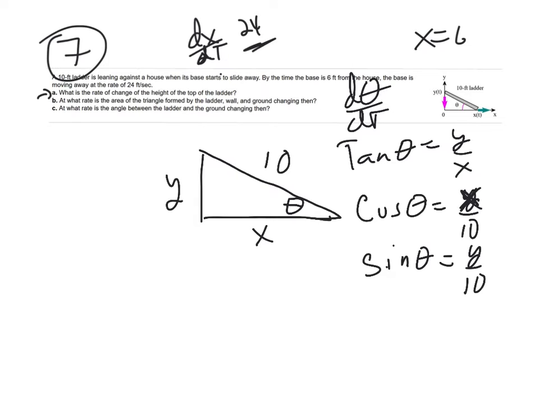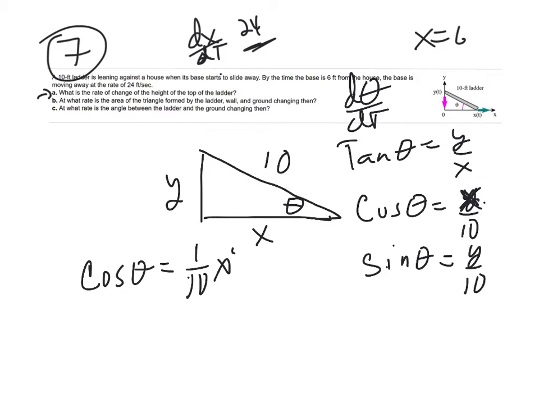So I think what I did earlier, let's see, I decided to use the cosine one. So that's what I'll do. So I know the cosine of the angle equals 1/10 x. Now what's nice about writing x over 10 as 1/10 x is that I could just use the power rule on that side.